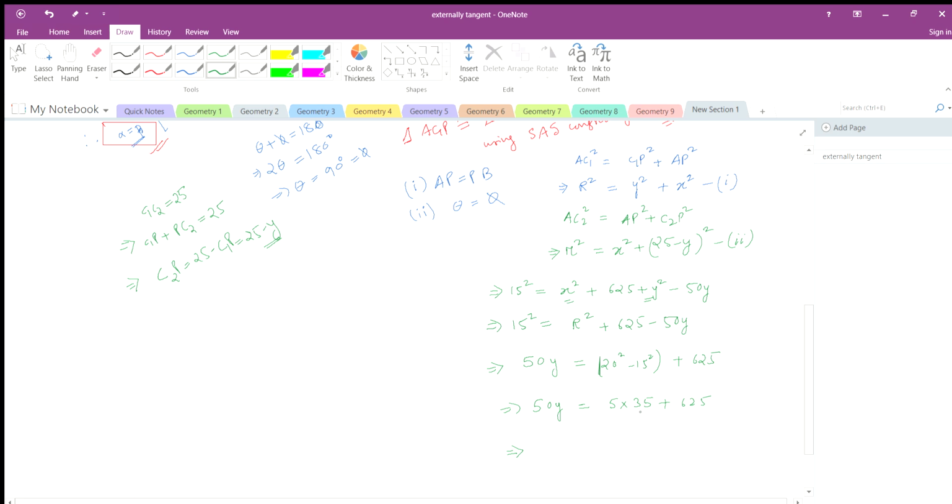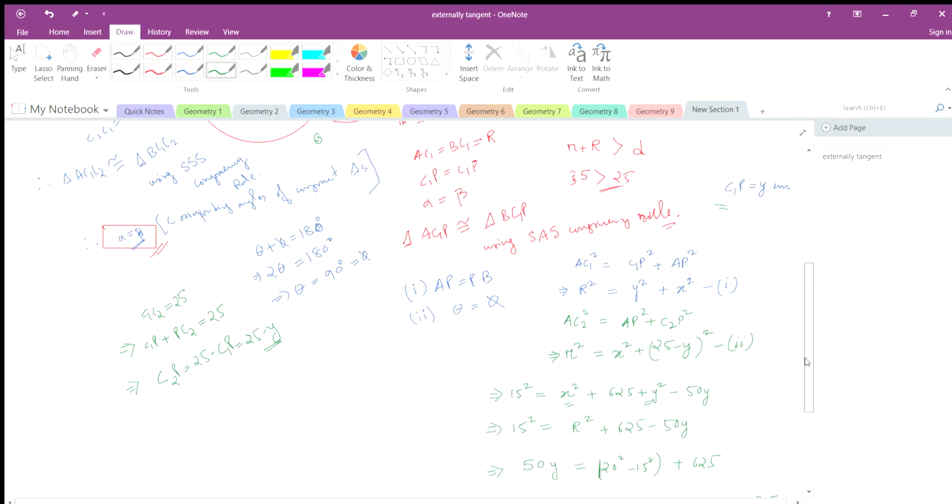So I will have 800, right? So what will be y? Y will be 800 by 50. All right, so this and this cancels. So the value of y is 16 centimeters.